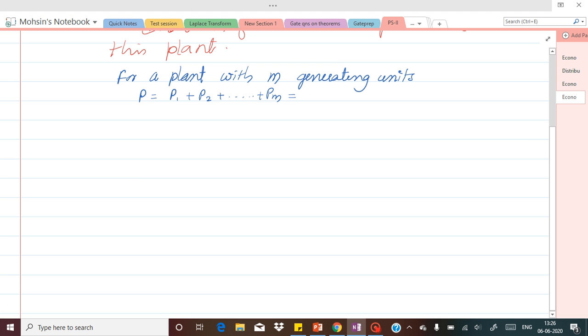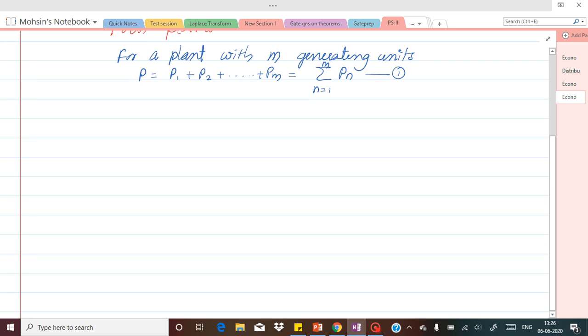This can be written in the form of a summation: the summation n equal to 1 to m of Pn. When you substitute the value of n here, you are going to get the same expression as we have written in this form.